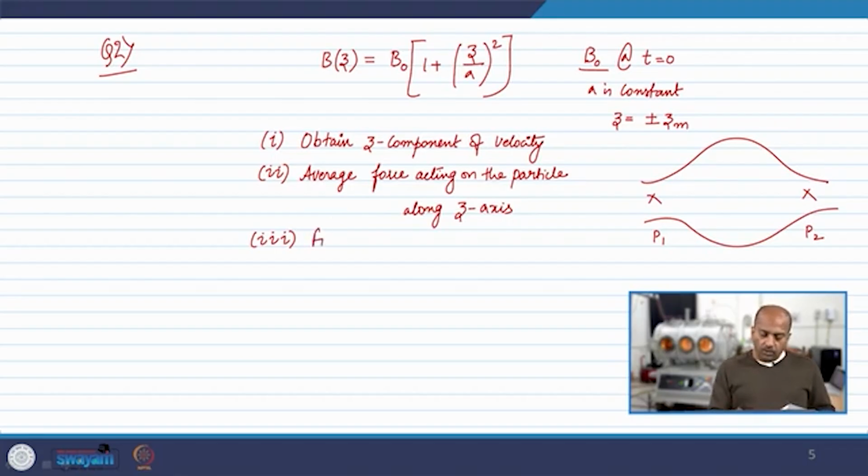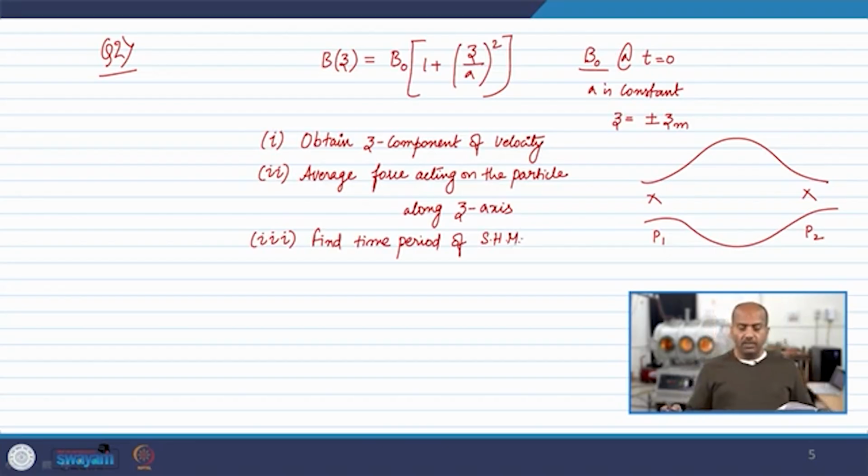So, find out the time period of the simple harmonic motion, which is to be seen between the two mirroring points. So, this is the problem.